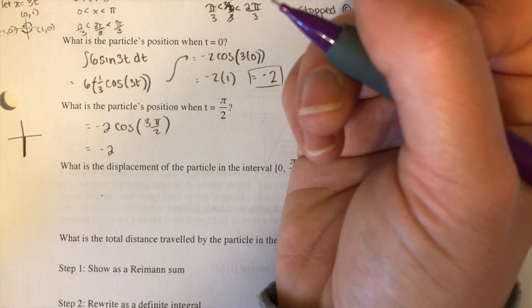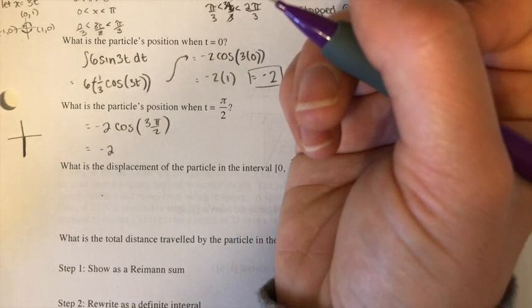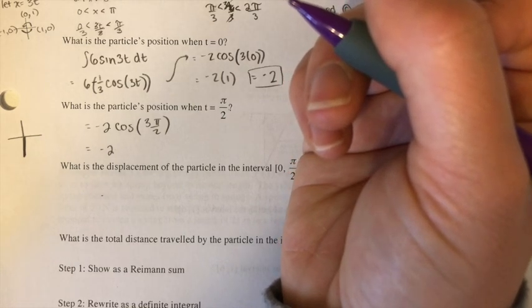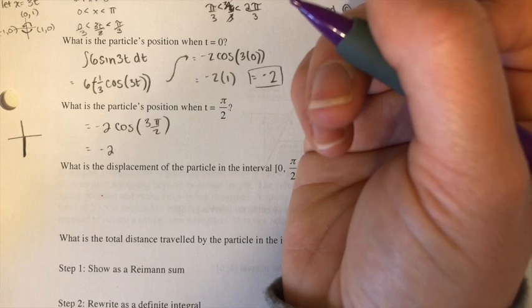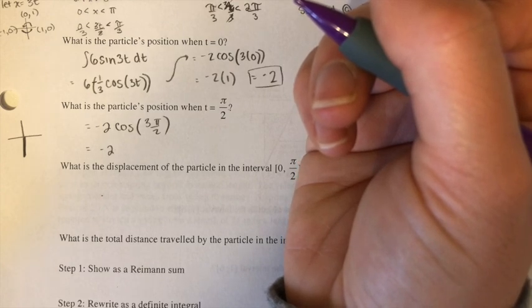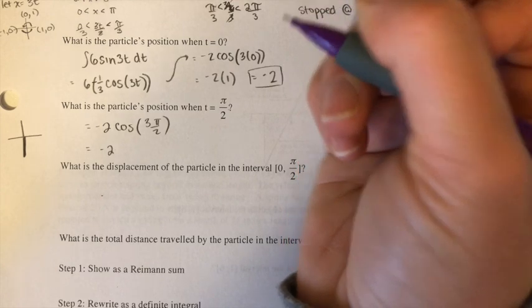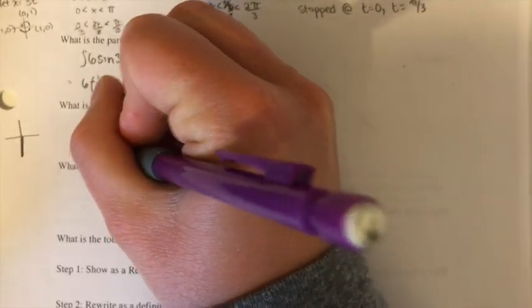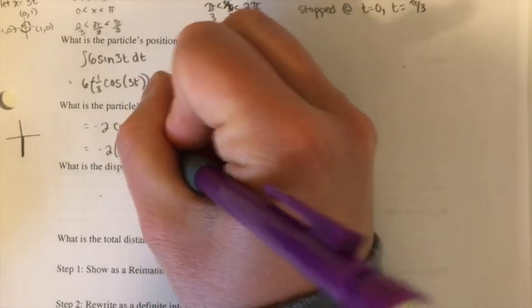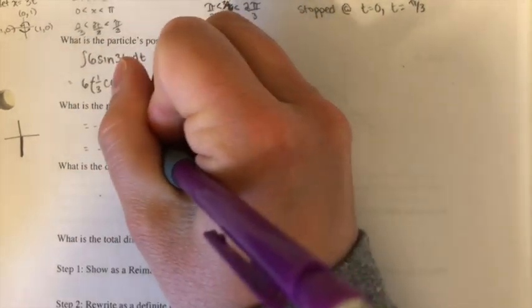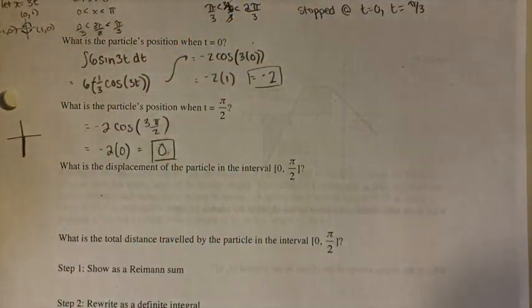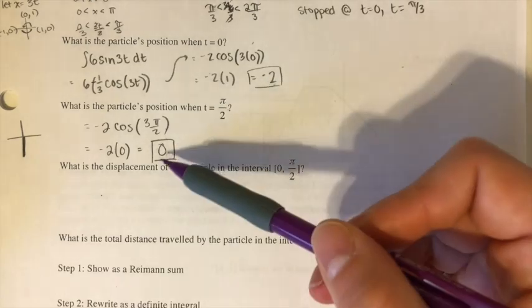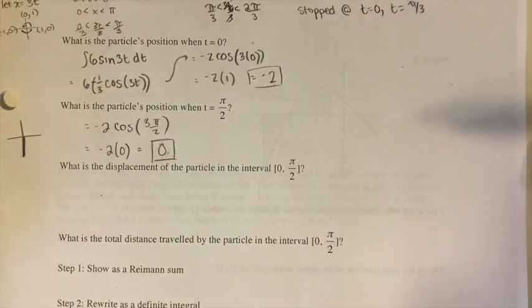So the cos of that is a 0. So that is, oops, that's not negative 2. That is 0. Okay, so it was to the left, now it's in the middle, right?